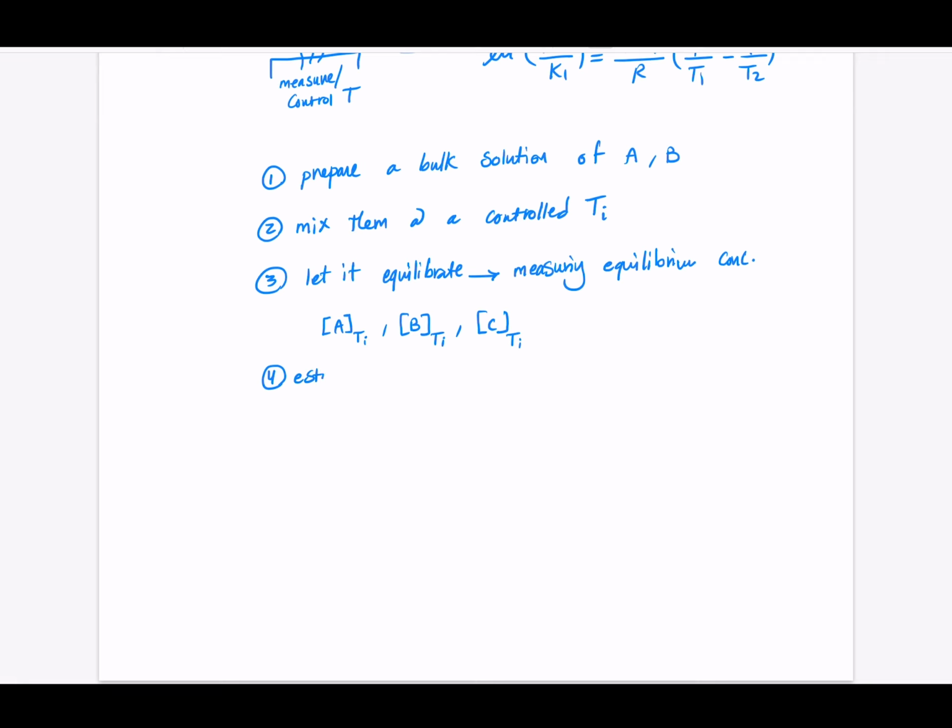So to estimate activity coefficients by just using ionic strength. And then we can calculate activities. So we get activity of A at T1, Ti, and so on.